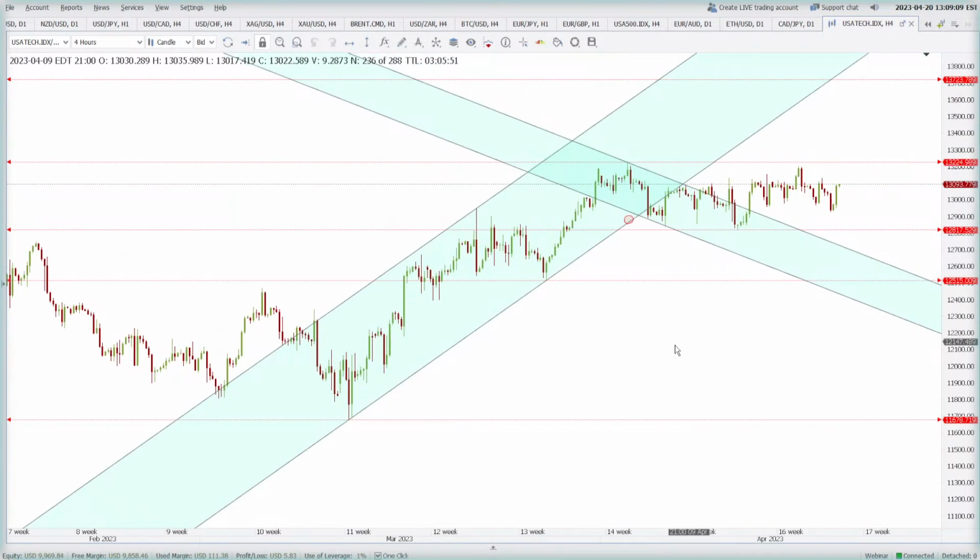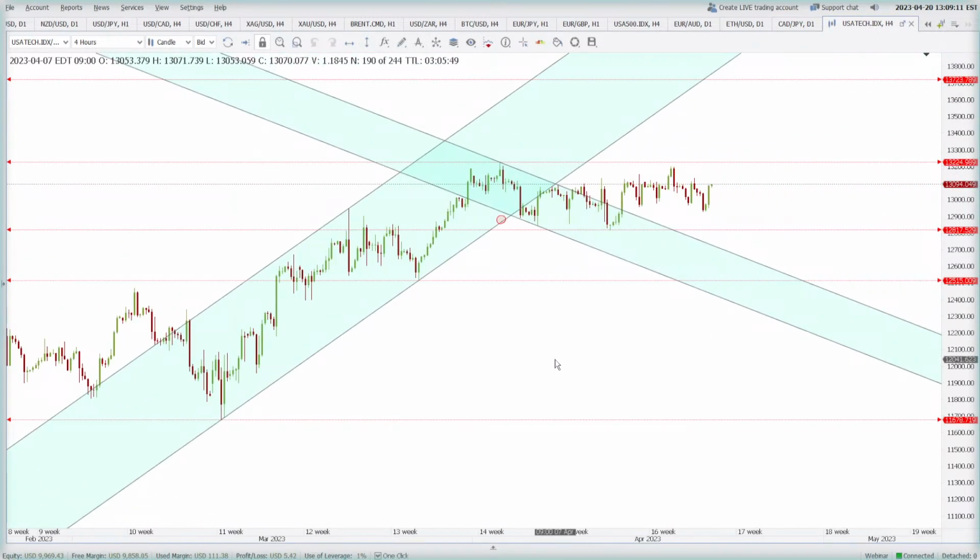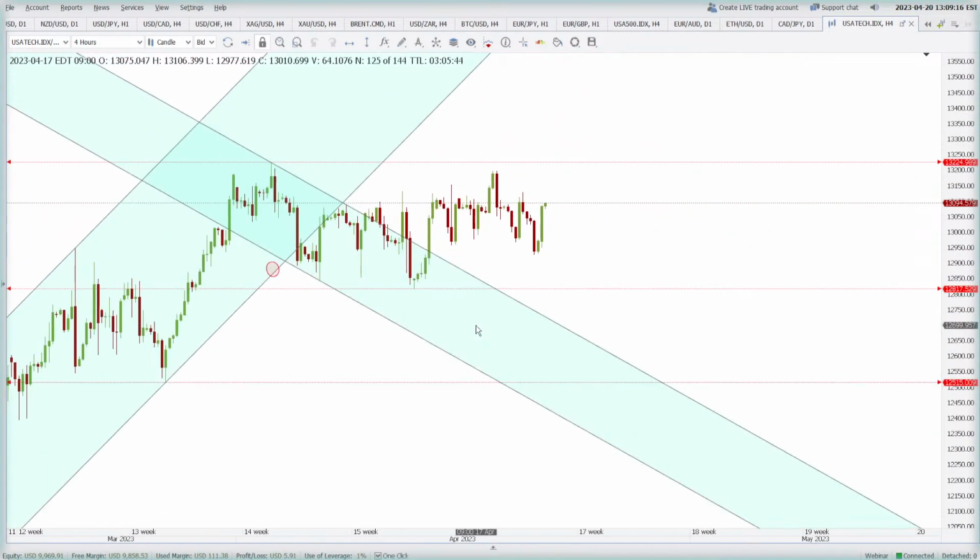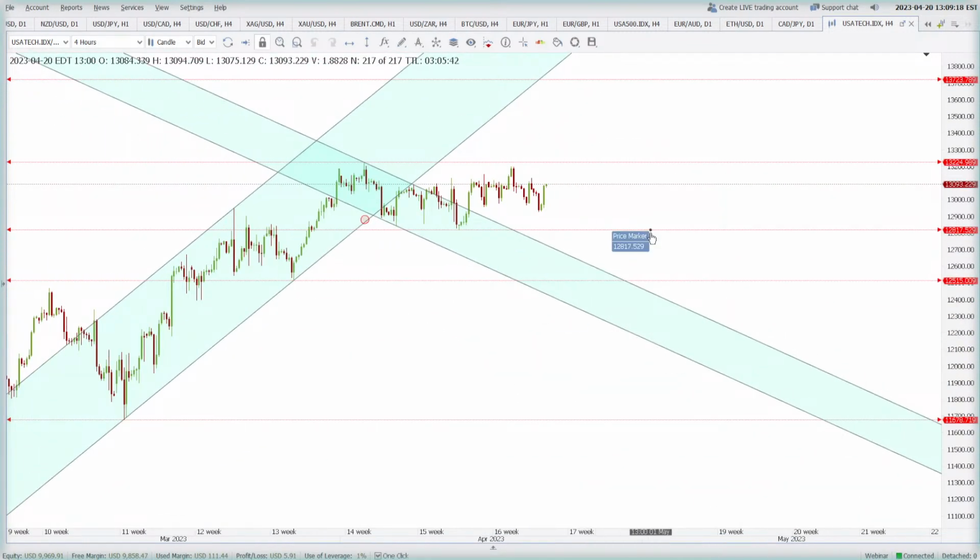Last is Nasdaq. Guys, if you have any questions, feel free to ask me in the chat. So USA Tech, that is Nasdaq, is still holding 12817, which was the level we were keeping an eye on. On the high side, we have a target of 13224, and if we break 13224, we are going to test 13723. I have been telling this for a long time, so this is a consolidation.